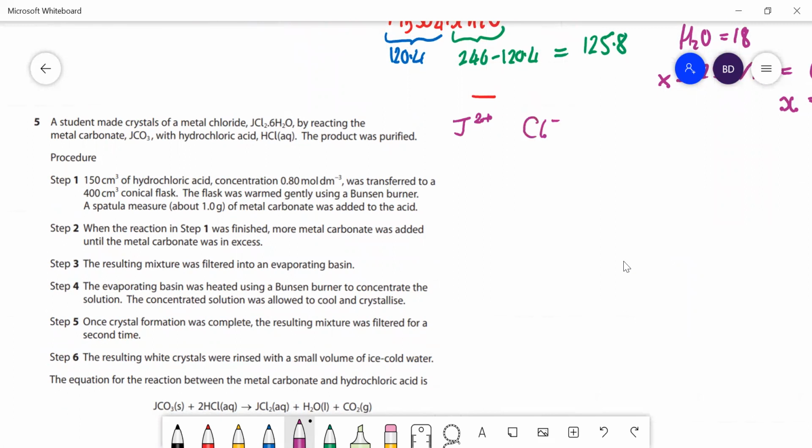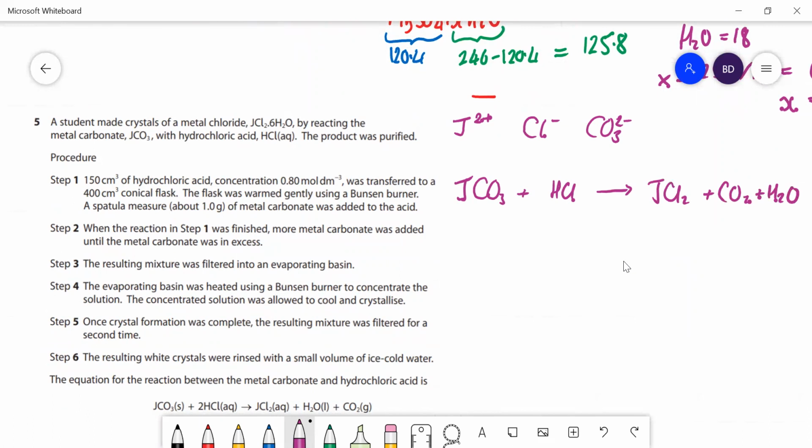So let's just write down that equation there. So what's going to be the formula of the J carbonate? Well, carbonate is a 2- ion. So it's going to be JCO3 plus HCl is going to give us JCl2 and CO2 and H2O.